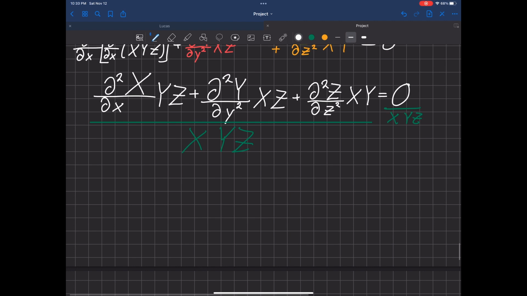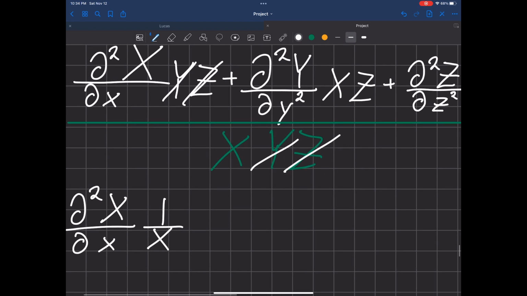Well, we're going to have the second partial of X with respect to x. Now, on this first part, the Y's and Z's cancel out, and then we're just going to have 1 over big X. So after doing this, it's like, oh, that makes so much sense.